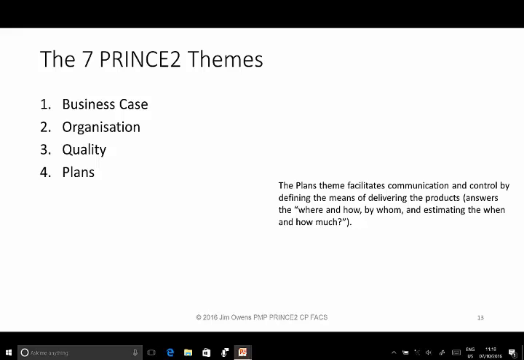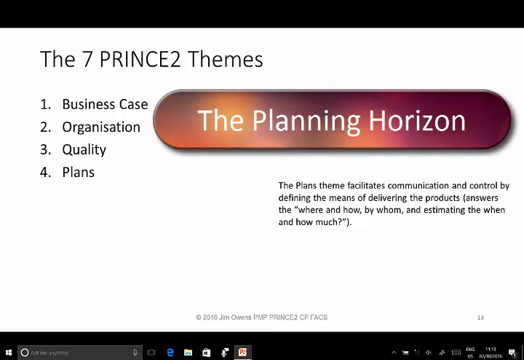But trying to see the entire project in detail is really a waste of time and resources unless it is a totally trivial project, because many things will change once the project is underway. The period of time that you can see ahead with sufficient clarity and accuracy is called the planning horizon.